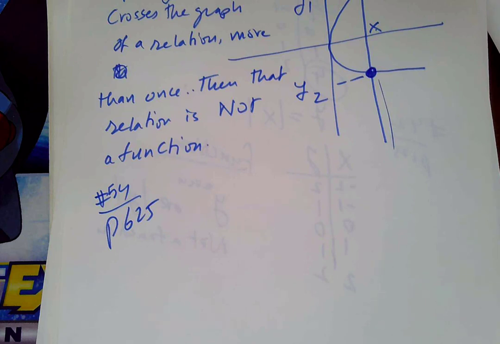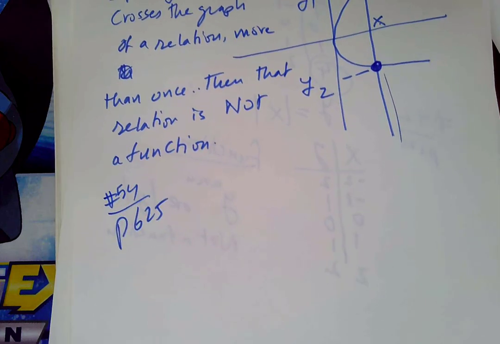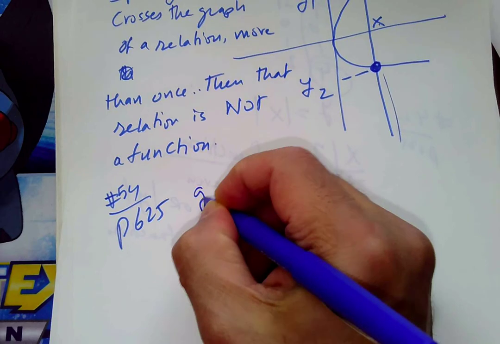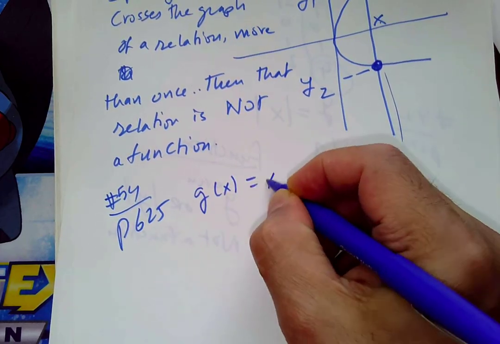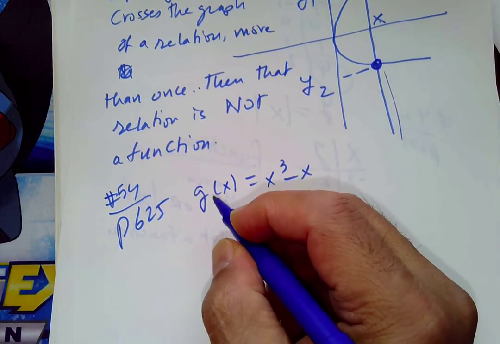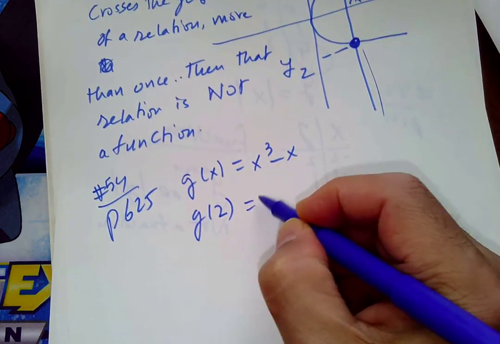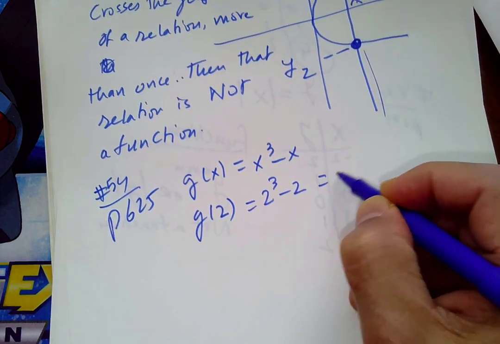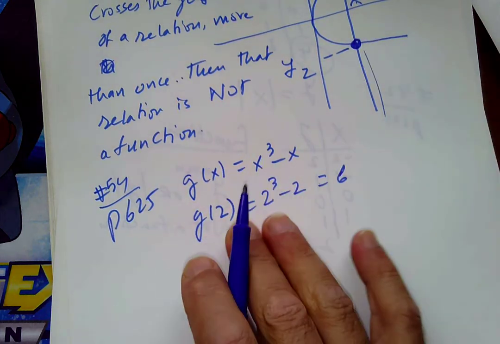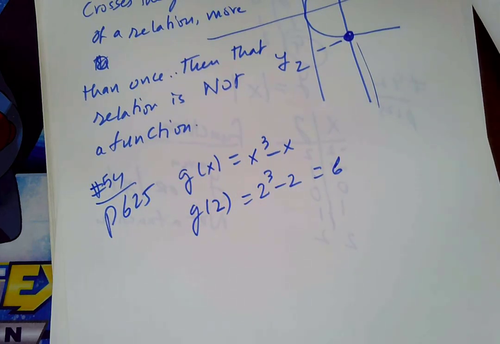It says, given g of x equals x cubed minus x, find g of 2. That's easy. Plug in the value. 2 cubed minus 2, 8 minus 2 is 6. So I'll just do part A.